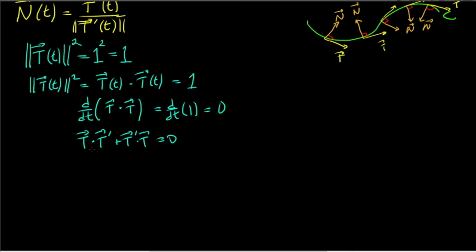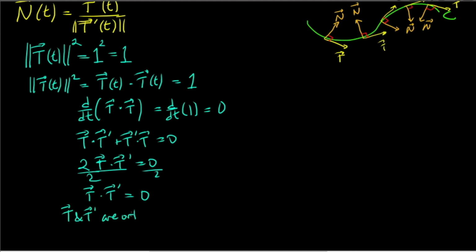But remember, the dot product is commutative, so it doesn't matter the order. So this is really just 2 times the dot product of T and T prime. So divide by 2, and you get that the dot product of T and T prime is equal to 0. And that's the definition of two vectors that are orthogonal. So T and T prime, the derivative of T, are orthogonal.